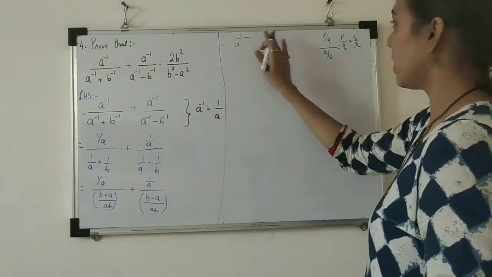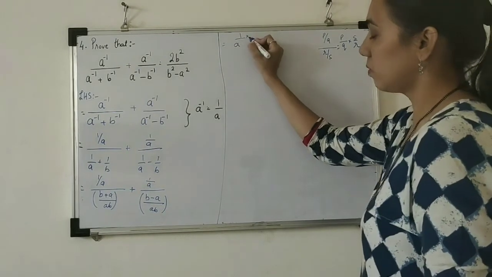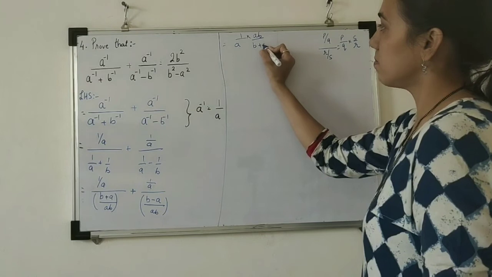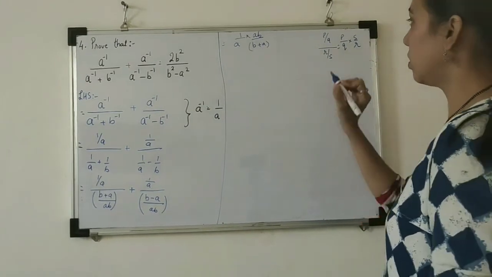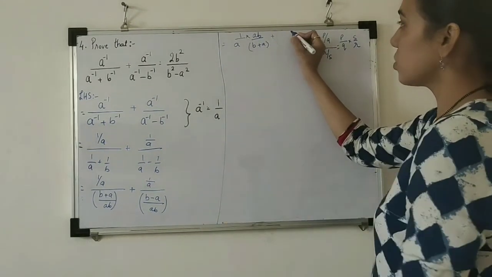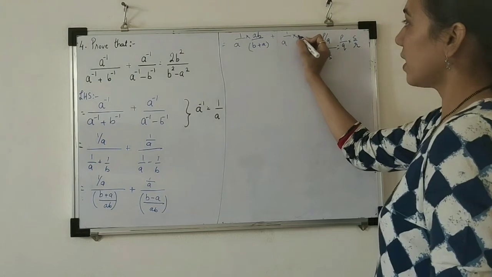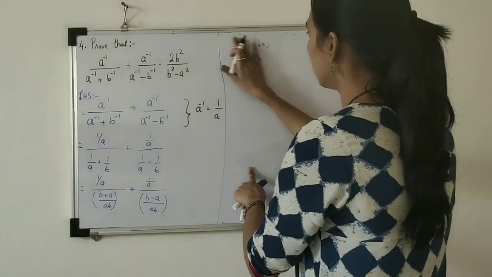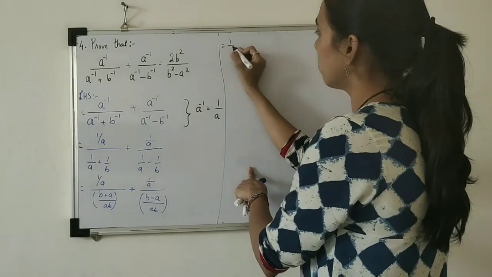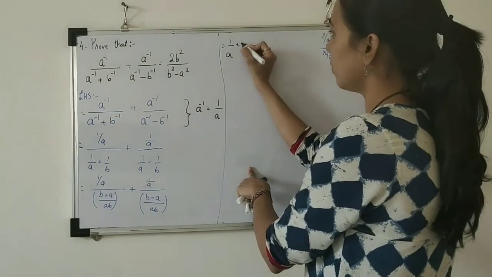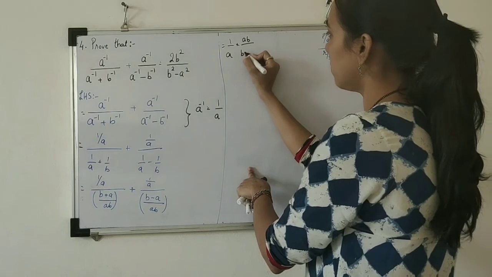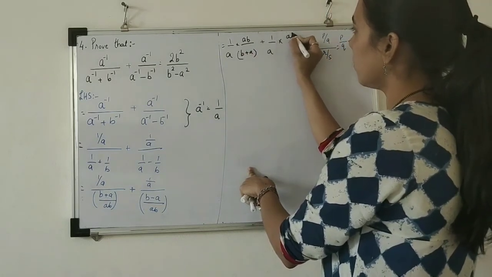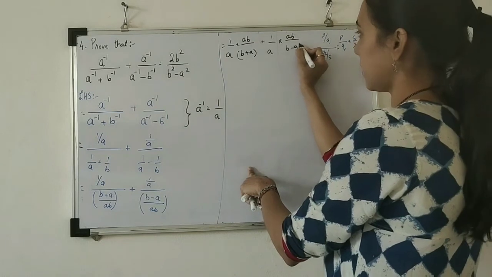So 1 upon a into ab upon b plus a, plus the next one, again 1 upon a into ab upon b minus a.